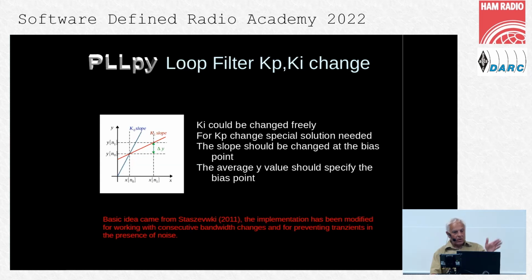Now why do you need this correction? Okay, you could change the integration gain freely. It's no problem. But if you consider only a block which only does multiplication, there is an input signal, an output signal, and there is a multiplication. And you change the multiplication factor.